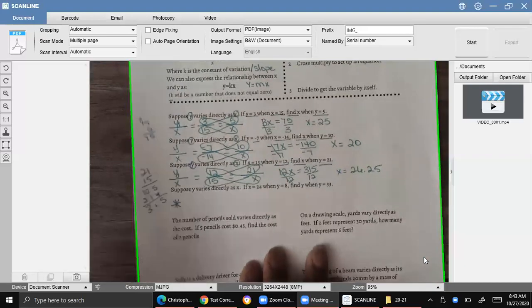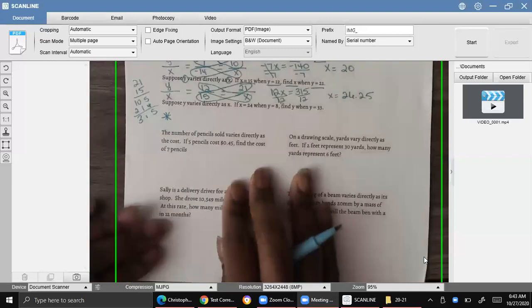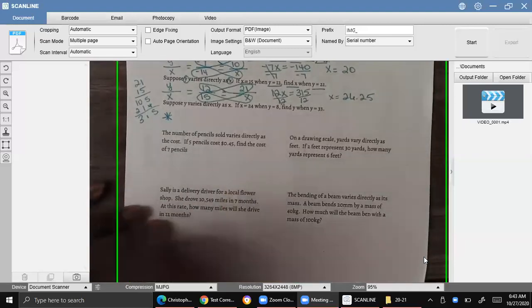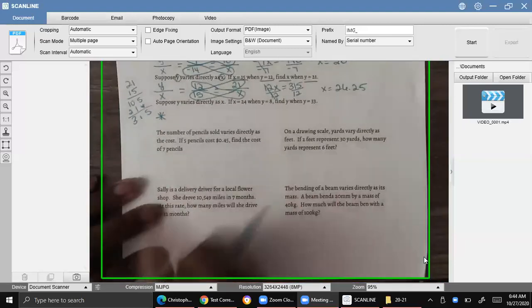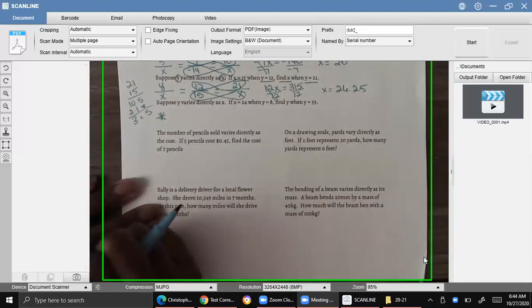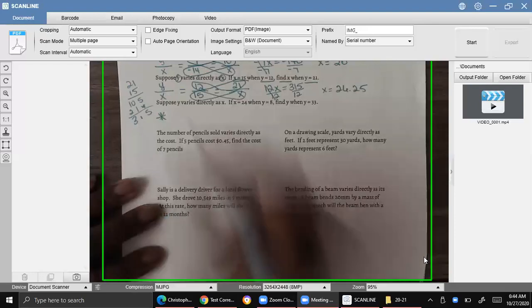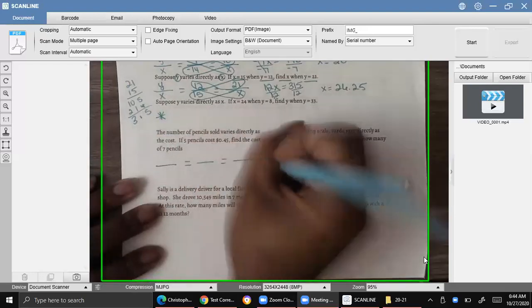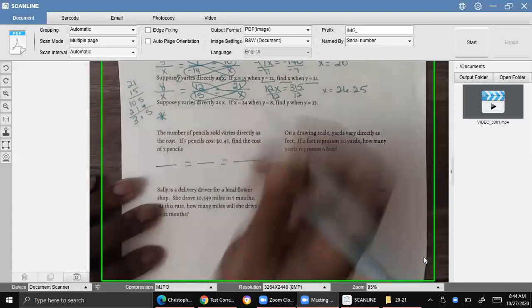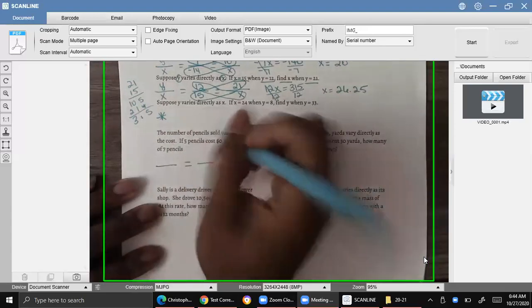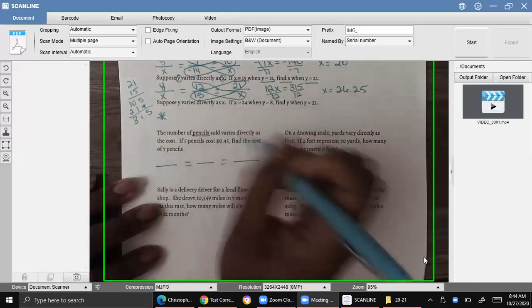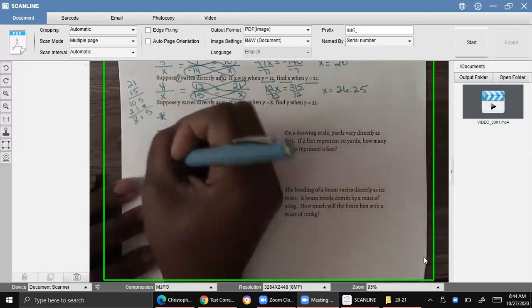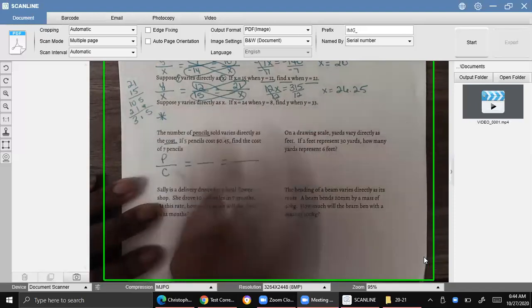Okay, so now we are comparing some word problems versus just letters, but the steps do not change, okay? So the first one says the number of pencils sold varies directly with the cost. So I'm gonna go ahead and set up my triple proportion. The first one is labels. So we have pencils and we have cost.